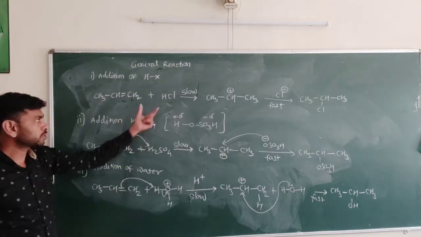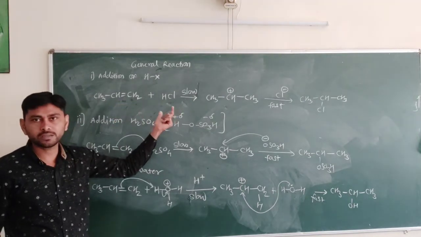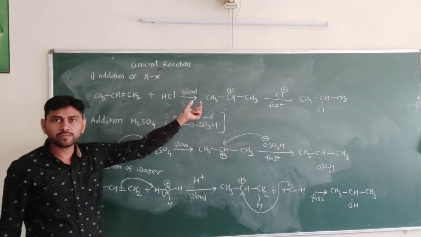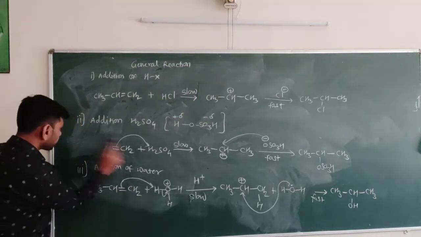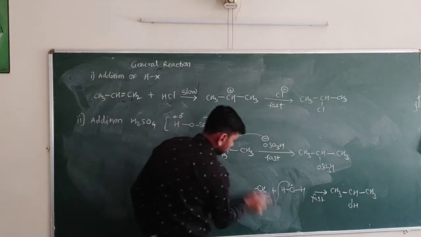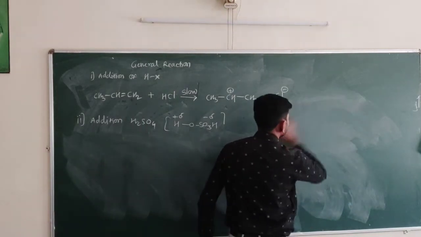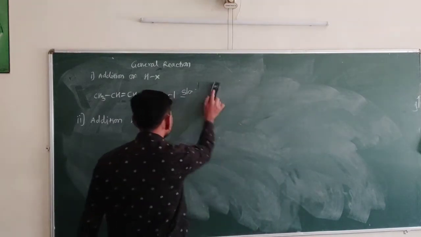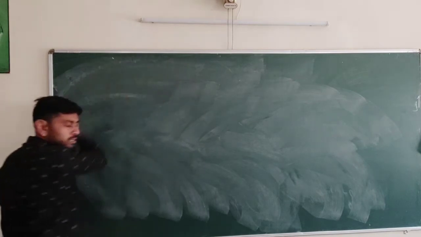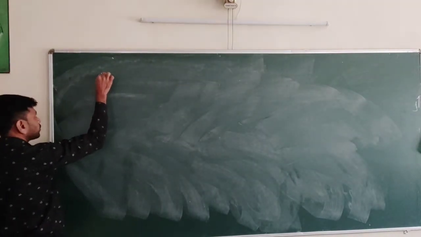By changing the concentration we know the rate of reaction changes. So it proves that the rate depends on both. We have to see here some evidences in support of the mechanism of addition reaction.